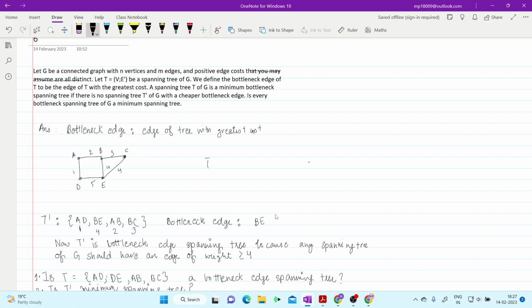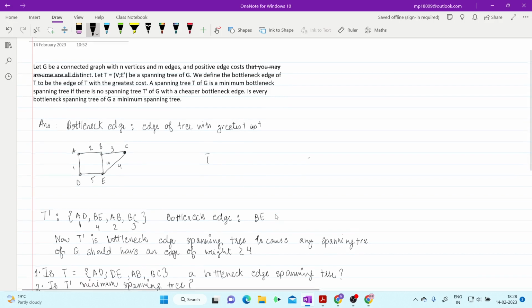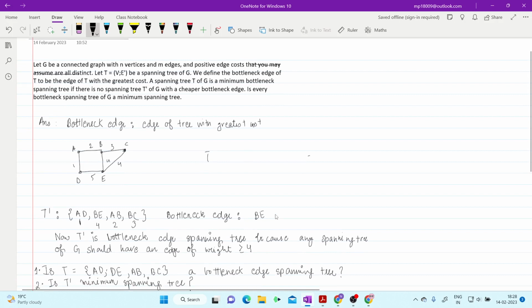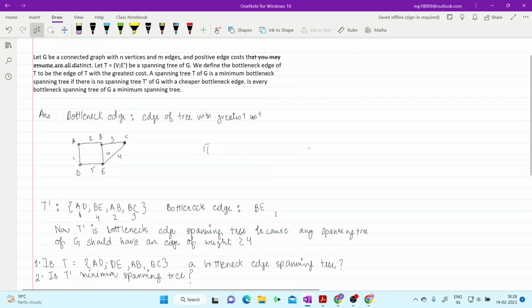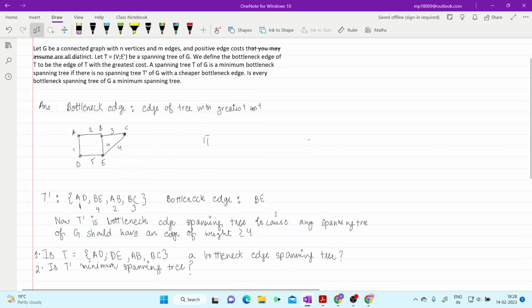And a spanning tree of G is called a minimal bottleneck spanning tree if there is no other spanning tree with a cheaper bottleneck edge. So do you understand? First of all, what is a bottleneck edge of a tree, and what is a minimal bottleneck spanning tree? Let's understand this definition with an example.